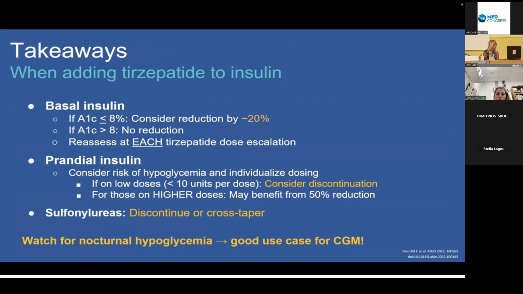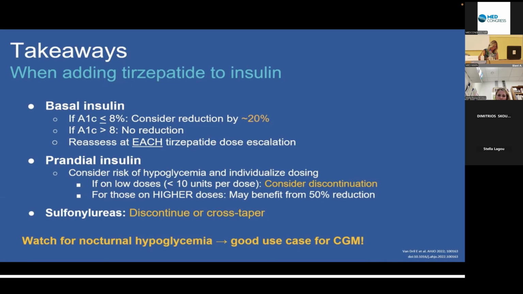If it's below 8 or at 8%, we should consider reduction by 20%. If it's more than 8%, then no reduction is required. We should always reassess insulin dose at each tirzepatide dose escalation.